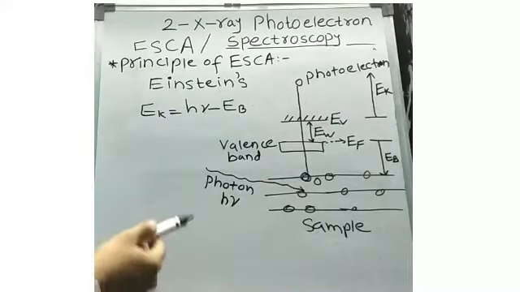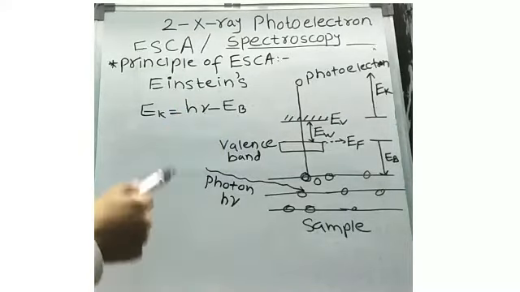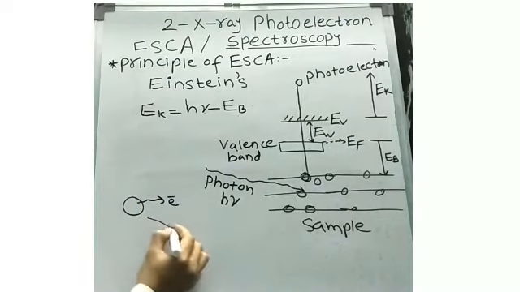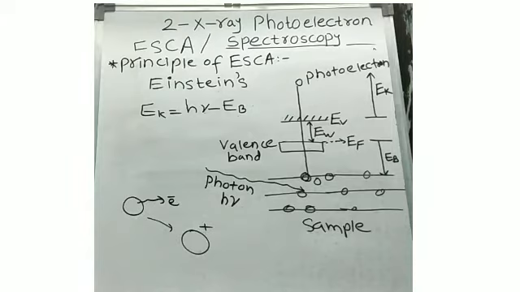Because from the neutral atom, as an electron is removed, the atom becomes ionized. One electron removed, one plus charge; two electrons removed, two positive charge. So these plus 1, plus 2, plus 3 are the oxidation states. So binding energy depends on the oxidation state of the atom, and in solid it is measured by the Fermi energy level or Fermi level.